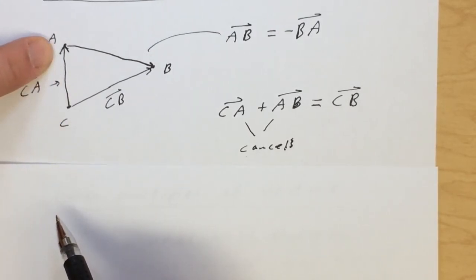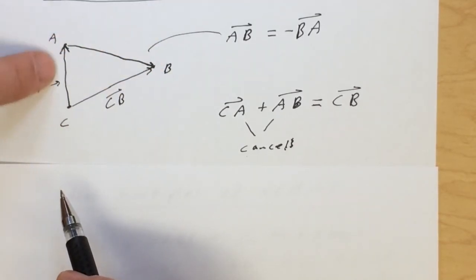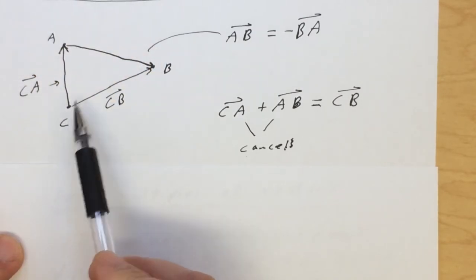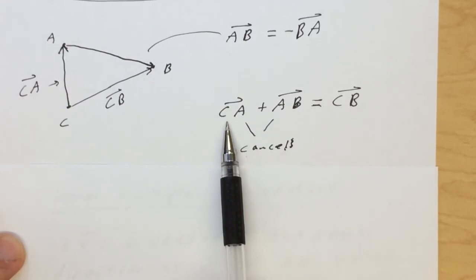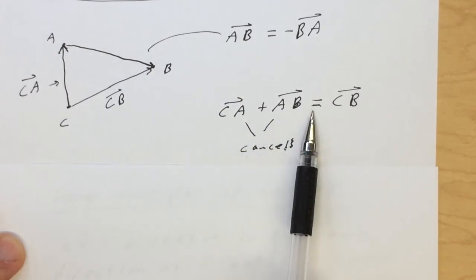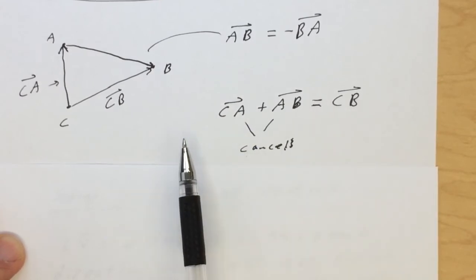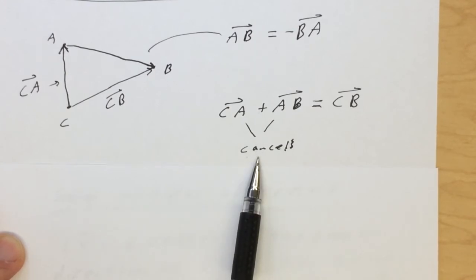CA, so this vector up the side here, from C to A, and then you add the vector AB, so you're putting one vector on the tip of the other one, and the shortest path would be then from C to B. So when you're looking at it more algebraically, CA plus AB ends up being CB, and as long as the letters in the middle here are the same, and it's addition, it's like they cancel out.